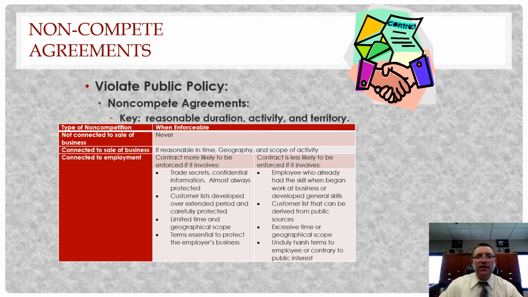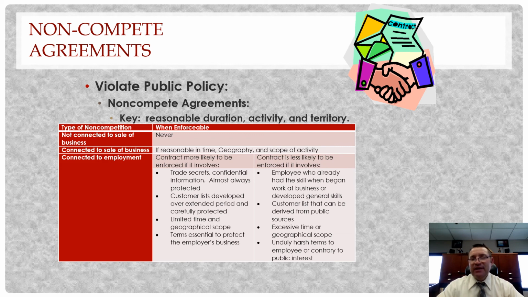If all those things are there, the court is likely going to enforce it. Less likely to enforce it if the employees already had the skills when they began the work, or if the customer list can be derived from public sources. If your customer list came out of the white pages or something like that, anybody can have access to that, so the court's not going to necessarily find it binding.